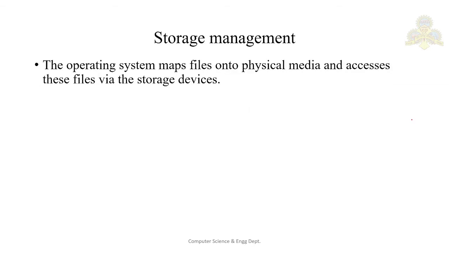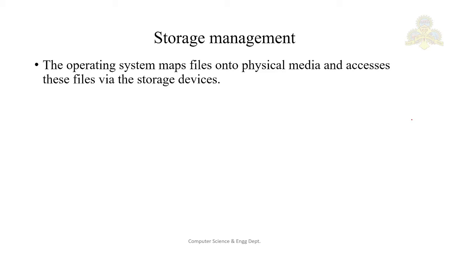So the next one is storage management. To make your computer system convenient for the users, the operating system provides a uniform or logical view of the information storage. The operating system abstracts from the physical properties of its storage devices to define a logical unit, that is the file.